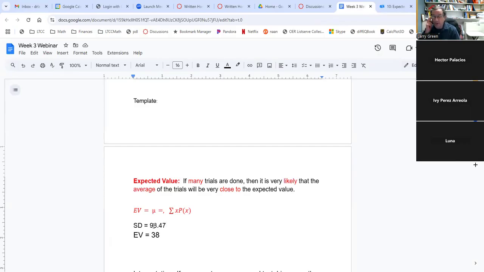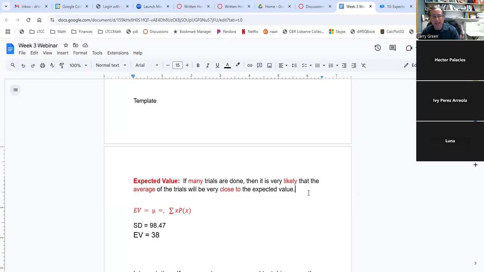So this is very important. I strongly recommend getting a piece of paper down and writing this out. This is a template for the expected value. It says if many trials are done, then it is very likely that the average of the trials will be very close to the expected value.